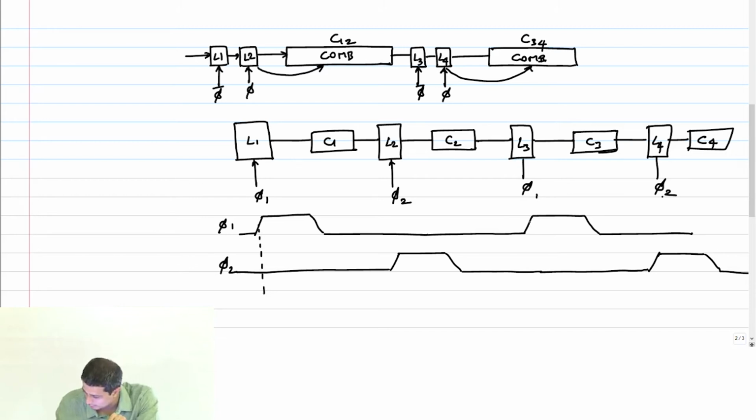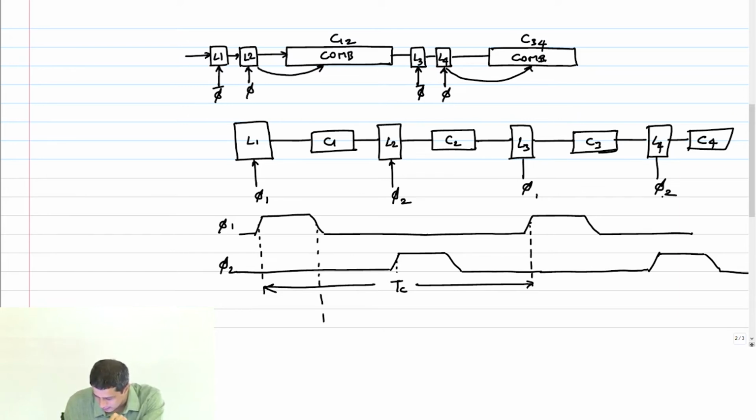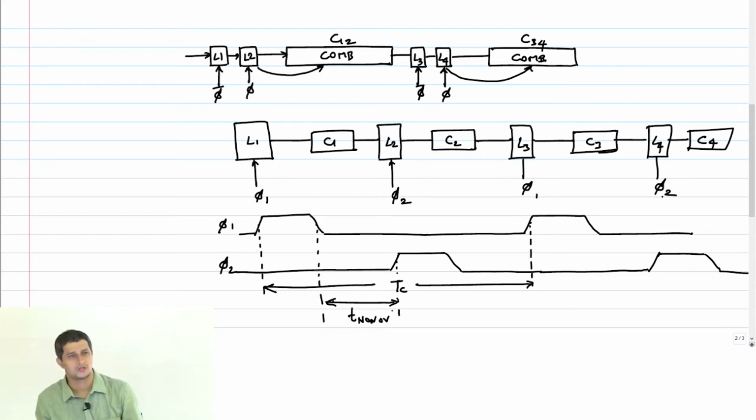It's basically from the rising edge of phi 1 to the next rising edge of phi 1. This is TC. And this period is the key non-overlap. Obviously, because the clocks are not overlapping there.